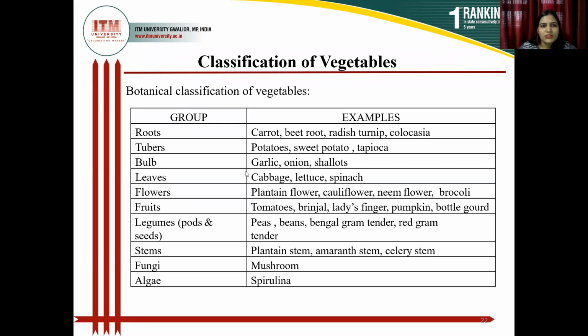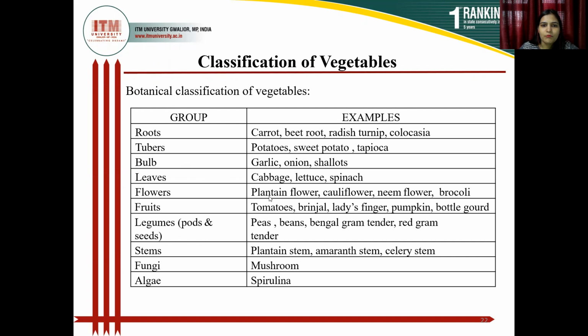Classification of vegetables. Botanical classification of vegetables. Here are the group and examples. Roots: carrot, beetroot, radish, turnip, and colocasia are the root vegetables. Next, tubers: potato, sweet potato, and tapioca. Bulbs: garlic, onion, and shallot. Leaves: cabbage, lettuce, spinach.